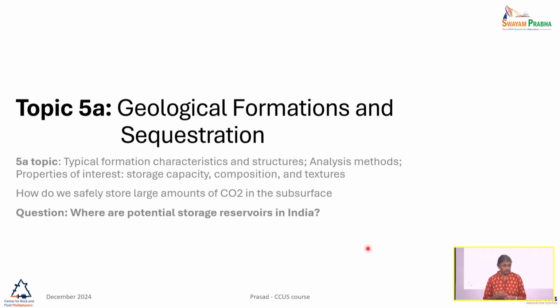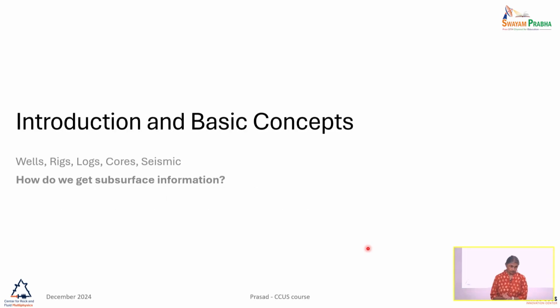And at some point, we'll discuss what are the potential storage targets in India, either in the sequence of these 4 lectures or the 2 following that, so that we look at the logistics, but look at the logistics in a geographic sense. It doesn't help you to look at formations in the North Sea or in US, because that's not what you have here. There are analogs and you can use those analogs, but we'll talk about what type of formations might be existing in India.